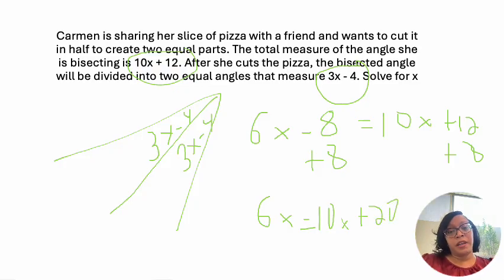Now I'm going to subtract 10x from both sides. That gives me negative 4x, because 6 minus 10 is negative 4.